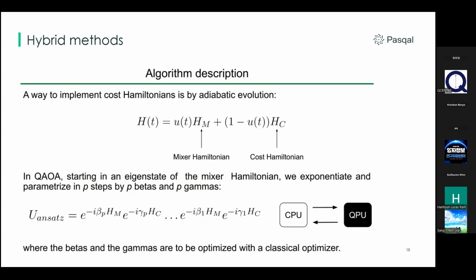These two Hamiltonians come side by side, typically in an iterative fashion, and this gives rise to specific quantum circuits that can be modeled in a digital setup, but are less native for an analog type of setup.